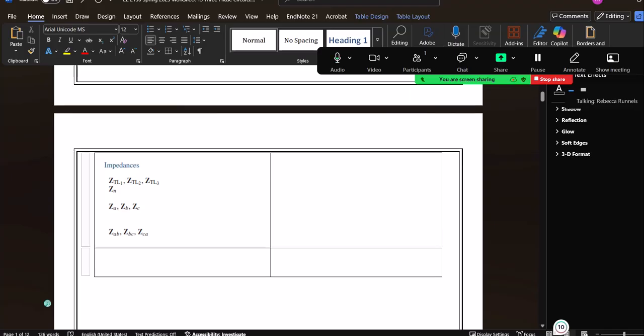Okay, and then impedances, we have ZTL1, ZTL2, ZTL3. What do you think those are going to be? We pretend like it's 0 a lot of times in class. The wires. Yeah, those are the impedances of the transmission lines. And you'll find when you take power that when you start talking about real power lines, these impedances become important because it's not zero resistance to transmit power over miles and miles and miles.